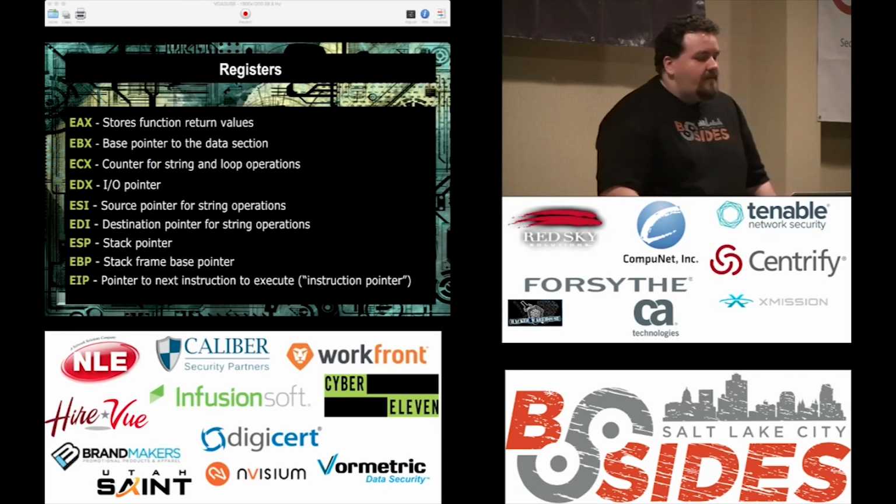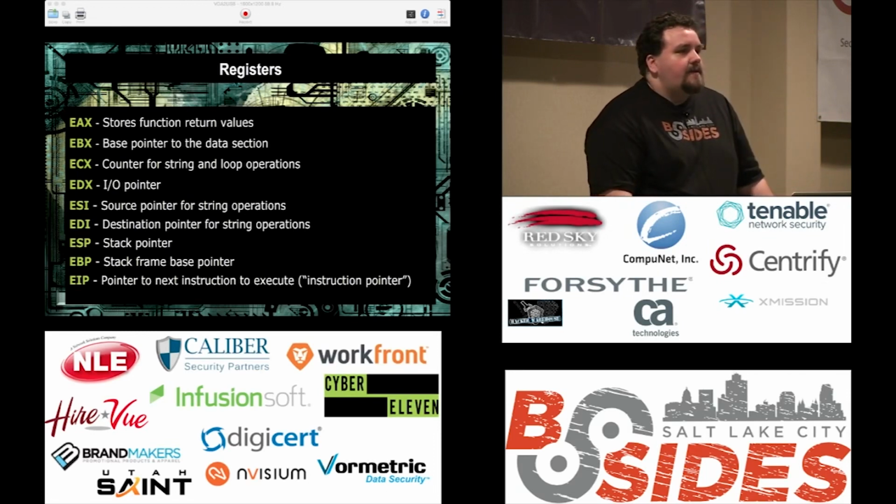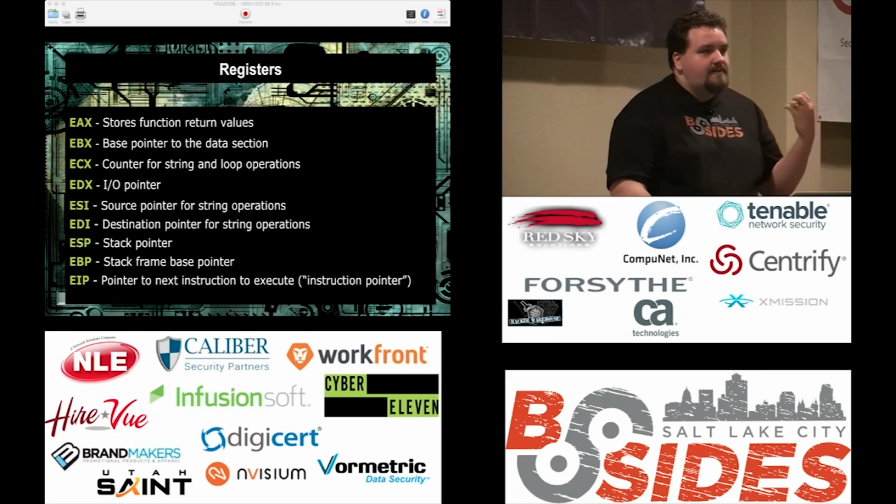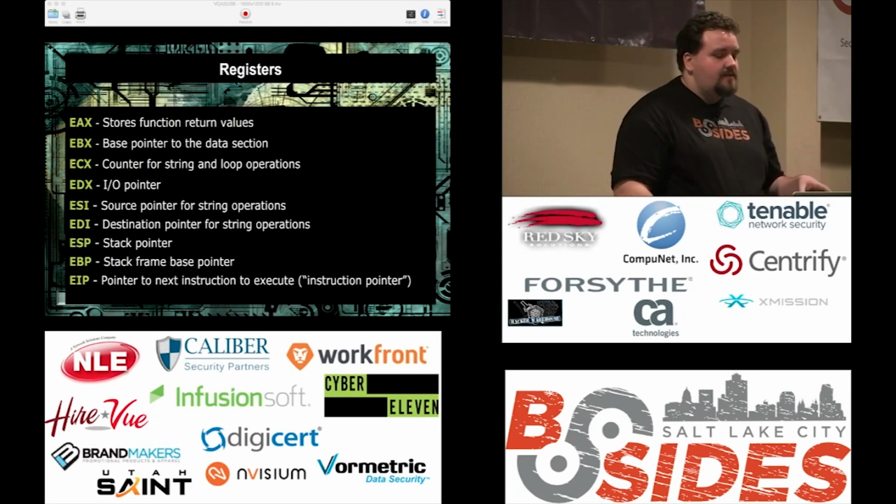One of the more popular ones is EAX. EAX is always going to be the return register. So later we'll talk about calling procedures, but basically when something calls something and it returns, it's going to store in EAX. So it's kind of like the magic box where wherever you're expecting something for something you call, that's where it's going to be.